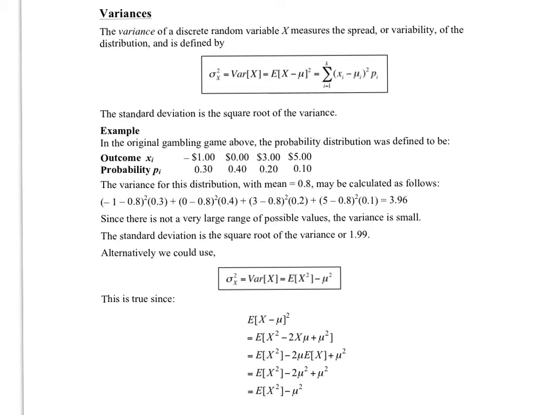A second formula for the variance is given by this notation. This just shows that we can get the average of the squared values of x and then minus the squared mean. It's just another way that's often used in statistics to calculate the variance. I prefer this method.